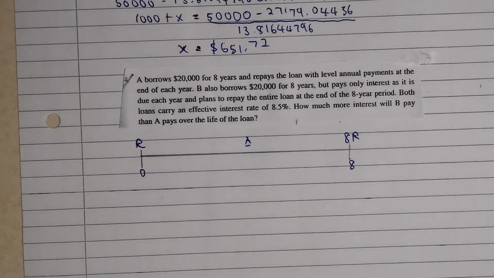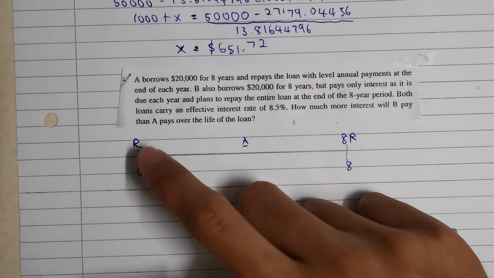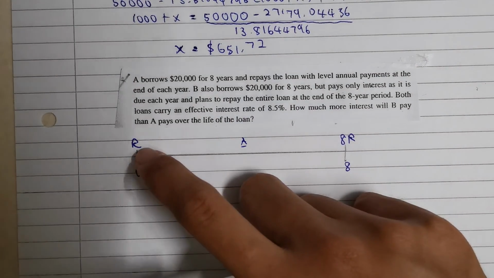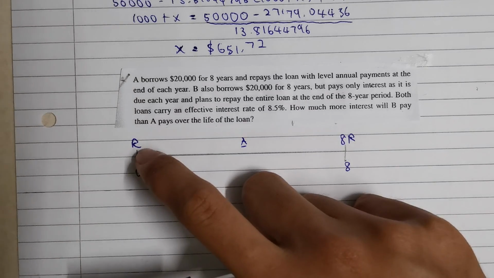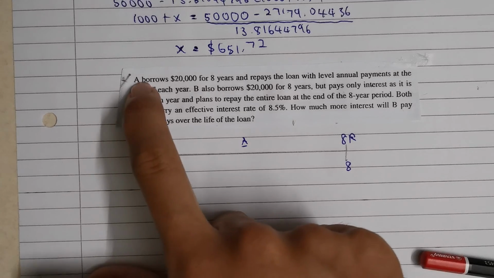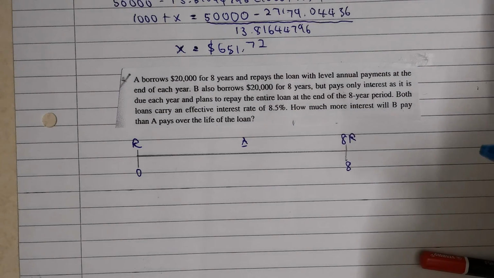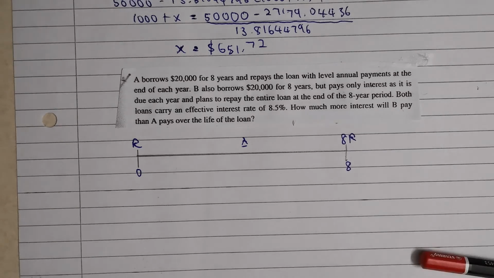So I already drew the timeline for A. R is actually the payment that A needs to pay each month to repay the loan.